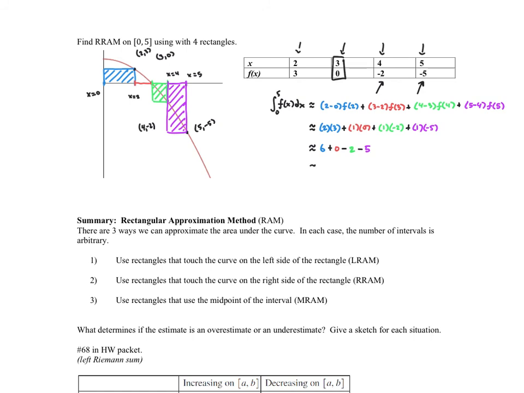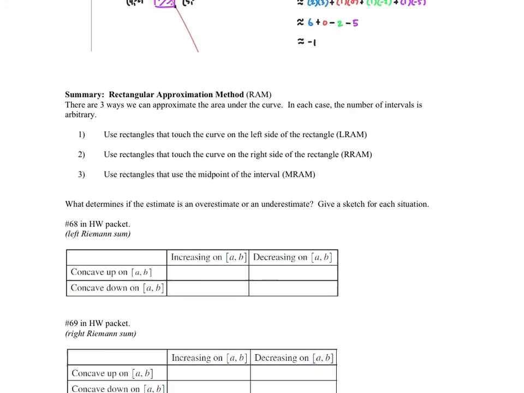So the approximate area under the curve, in this case, of course, we can't necessarily say that our output should be negative for the area under the curve. It's all dependent upon the orientation of the function, but we're going to approximate that to be -1. All right, let's continue to the summary and a couple of notes before we wrap it up.